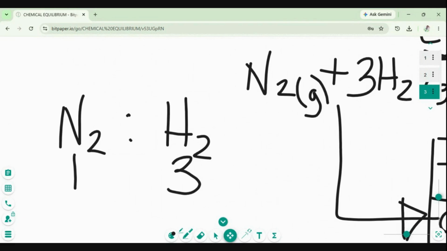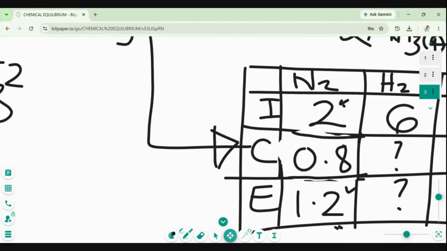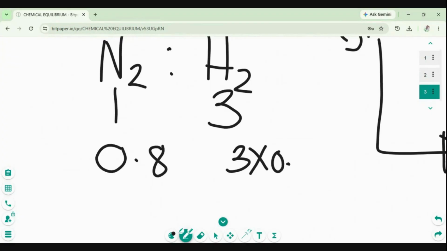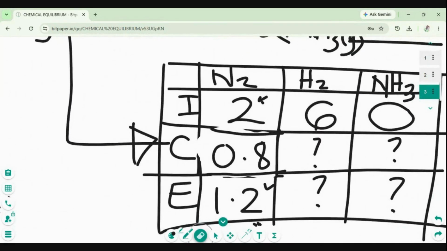But did 1 mole react in this equation? No. How many moles reacted? 0.8. So if 1 mole reacts with 3, how about 0.8 moles? They are going to react with 3 times 0.8, which gives 2.4 moles of hydrogen. So we come beautifully here and say, wow, the puzzle is solved. So we get our 2.4.